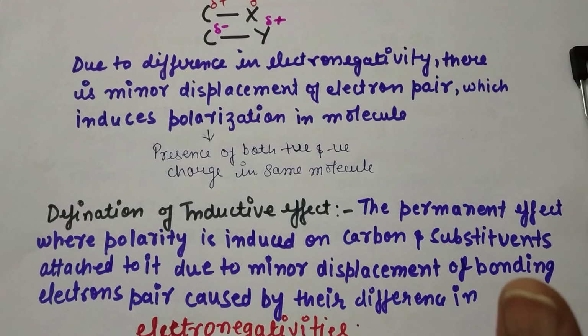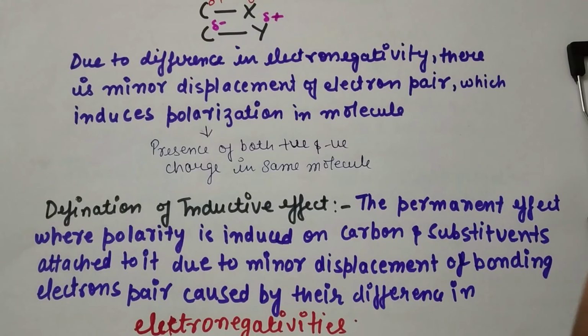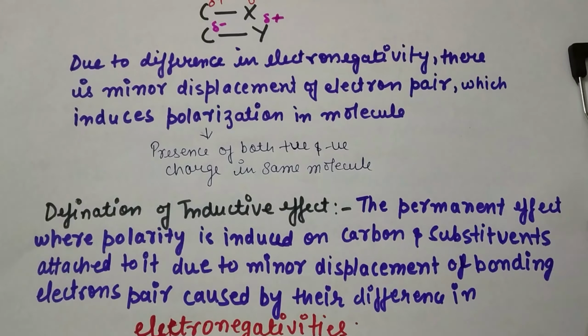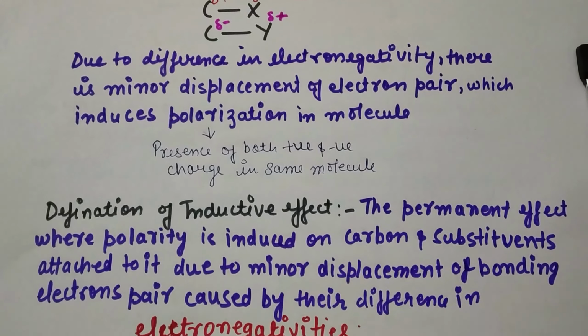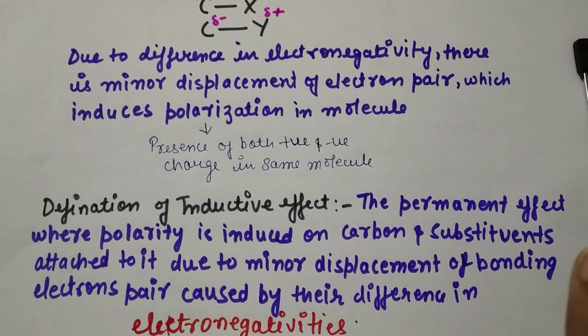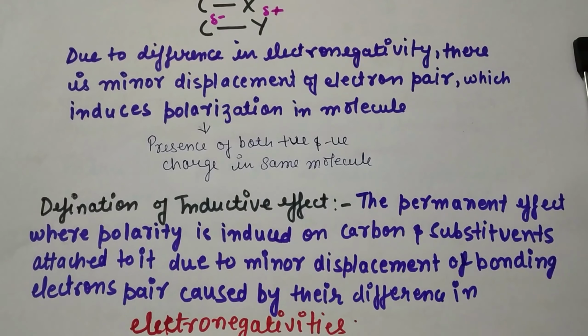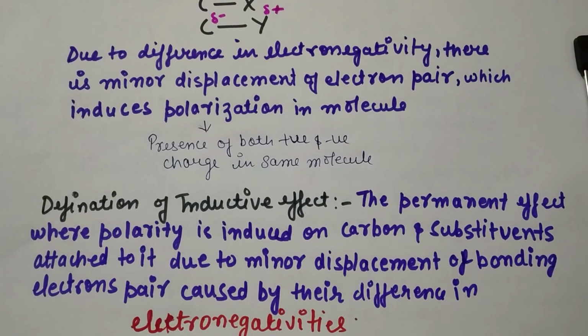In simple language, we can understand that inductive effect is a permanent effect where polarity, meaning charges, is introduced on a molecule because the carbon and the substituent have different electronegativity values. Because of that difference, the electron cloud shifts towards the more electronegative atom, and so the inductive effect is generated.